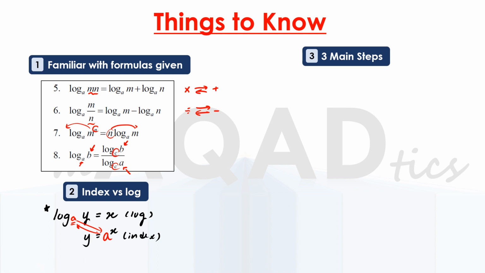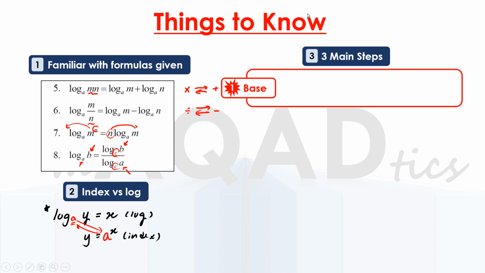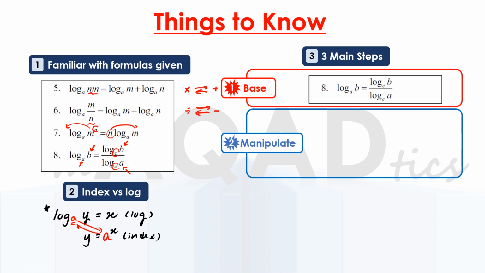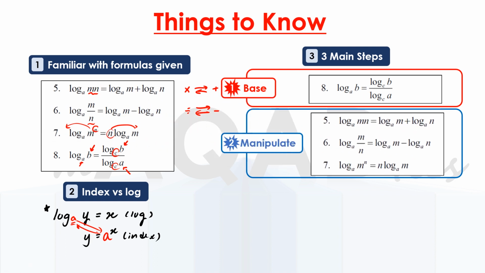The first step is to change the base. To change the base, we use the last formula. The second step is to manipulate, or in other words, to simplify. To simplify, we can use these 3 formulas. You may be wondering why it is not these 3 first, then this formula.